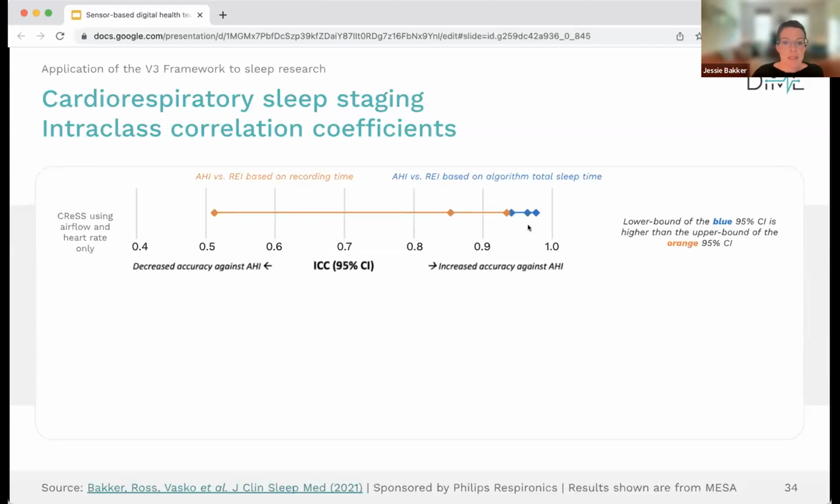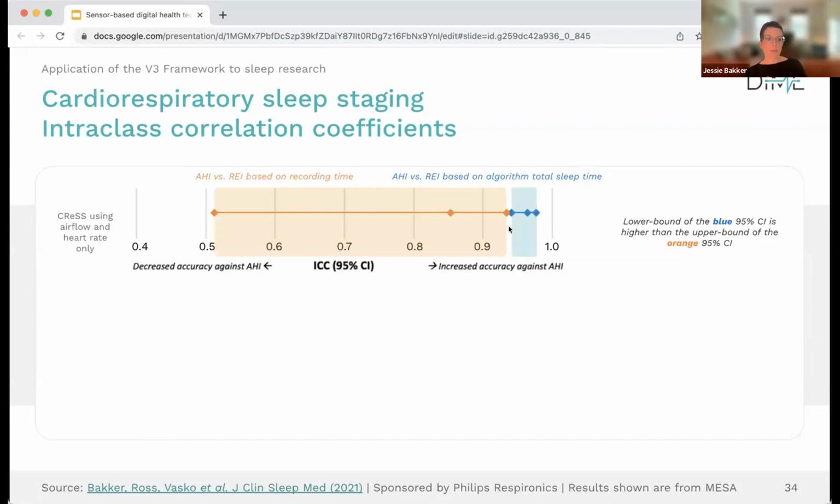It's a little hard to see, but I'll put some shading behind it so that it is a little clearer that the lower bound of the blue confidence interval is higher than the upper bound of the orange confidence interval. So the lower bound of the blue is 0.94 compared to the upper bound of the orange, which is 0.93, meaning that the respiratory event index based on the algorithm determined total sleep time is a significantly better estimate of the AHI than the respiratory event index based on recording time.